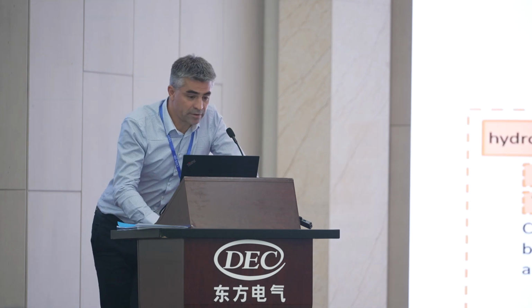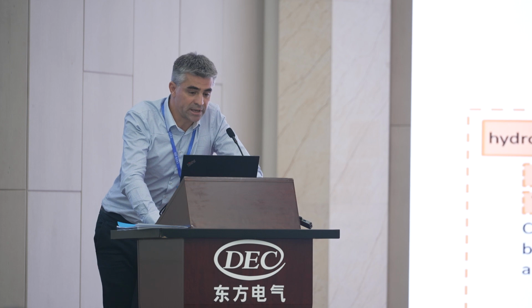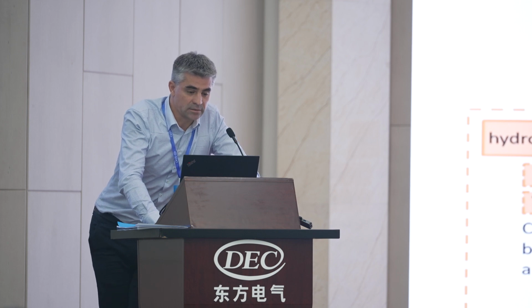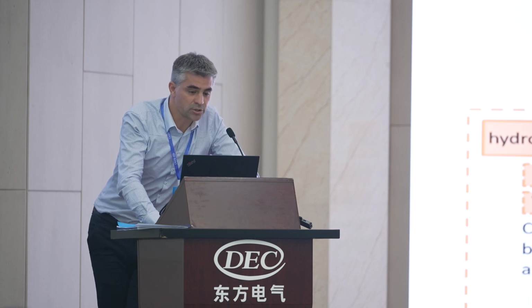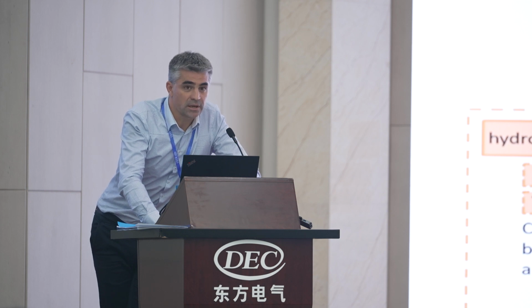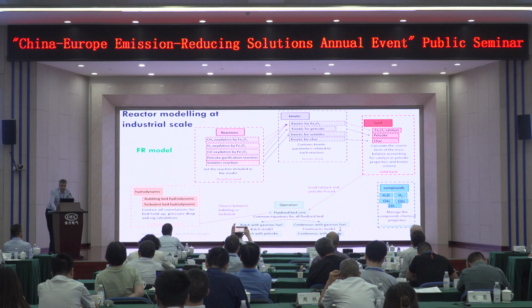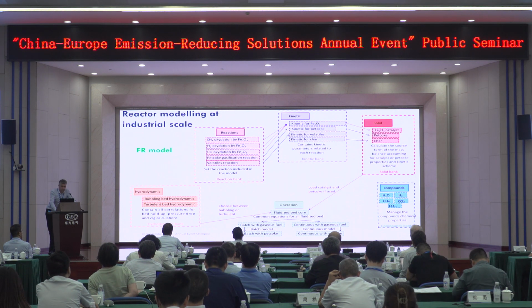Here, on this slide, we have just an overview of the fuel reactor model. As you can see, there are many blocks: reaction blocks with all the reactions, another one concerning the kinetic parameters, then a part dedicated to the calculation of the source terms of the mass balance, taking into account the solids which are in the fuel reactor.